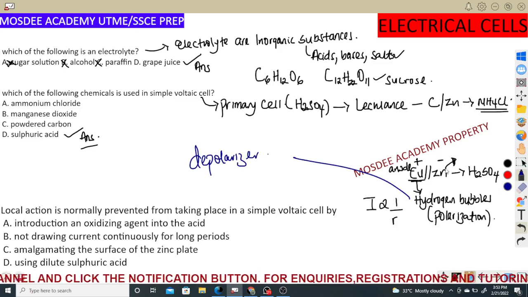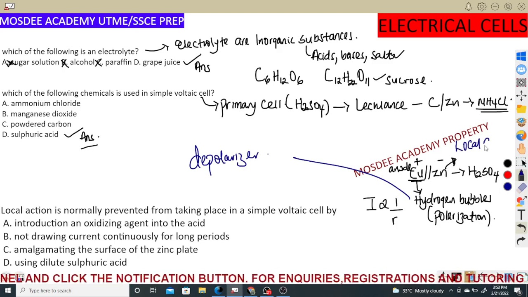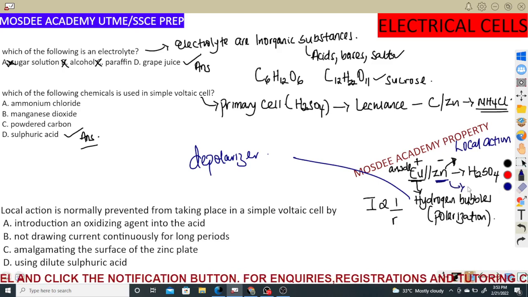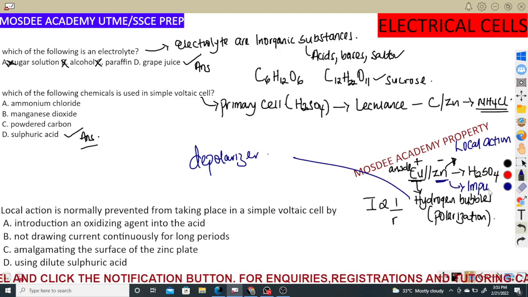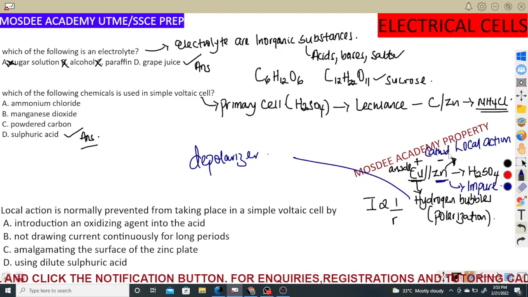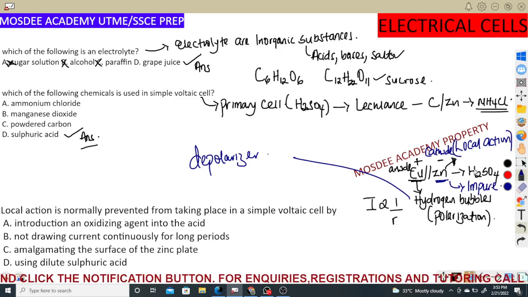Now, at this compartment, we also face a problem. The problem we face here is what we call local action. What causes that? When the zinc here is not pure, when we use impure zinc at this compartment, what's this compartment? Cathode. As a result of impure zinc at the cathode, we have an effect called local action.